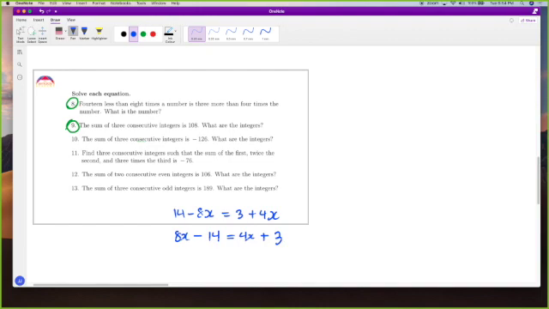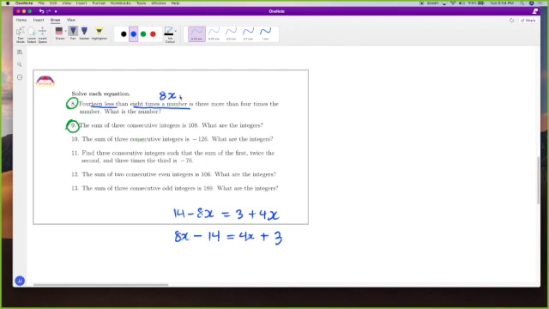Right, yeah. So, what is the number? Well, the number is X. That is what the number is. 8 times a number is 8 times X. 14 less than 8 times a number is 14 less than 8X.